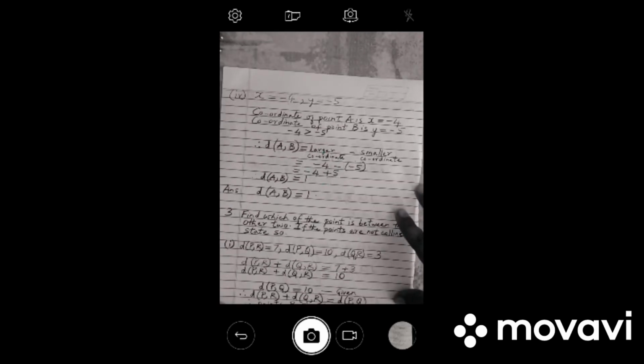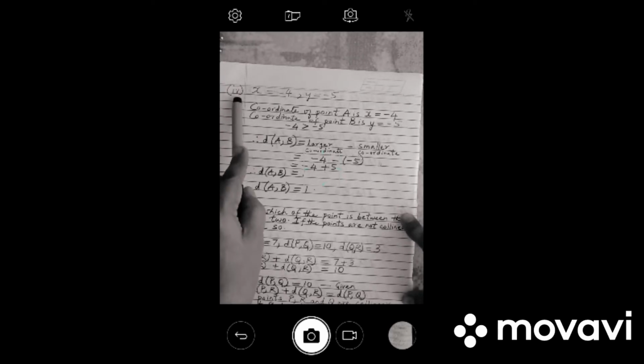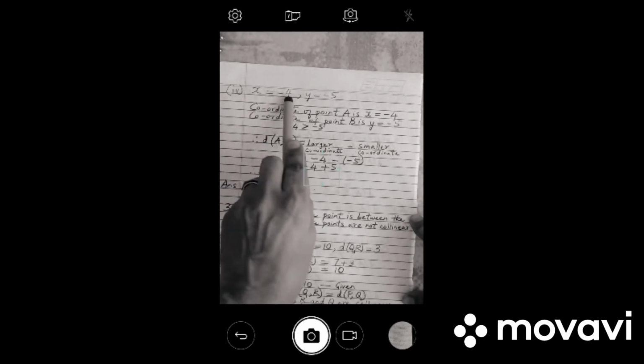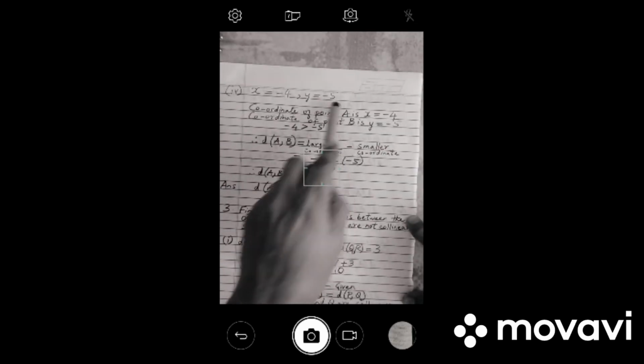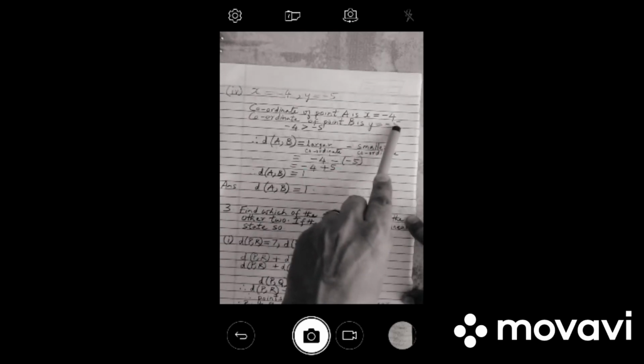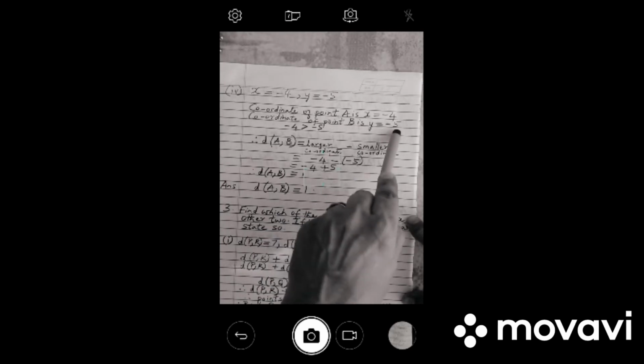Now let us do one more sum from this question 2. It is question 4. X is equal to minus 4 and y is equal to minus 5. Now coordinate of point A is x is equal to minus 4 and the coordinate of point B is y is equal to minus 5.